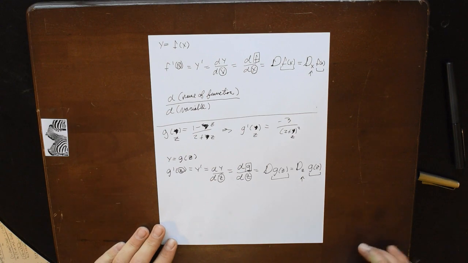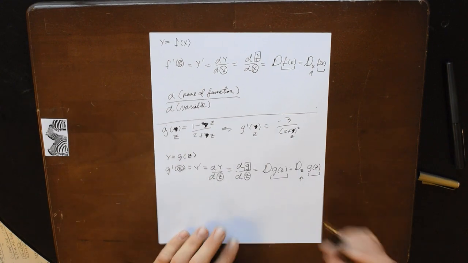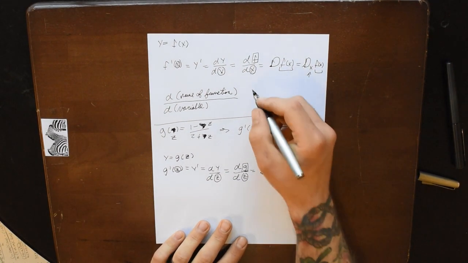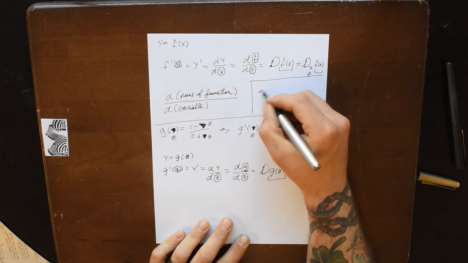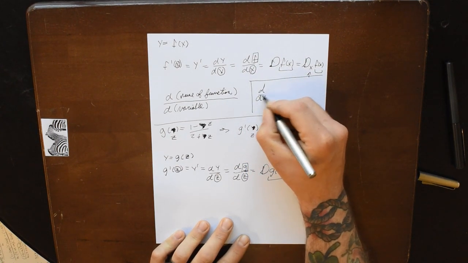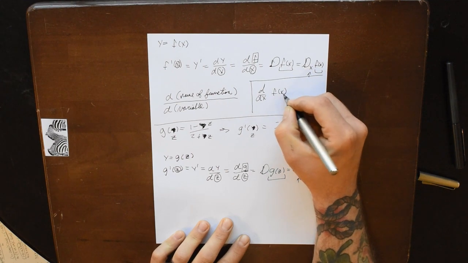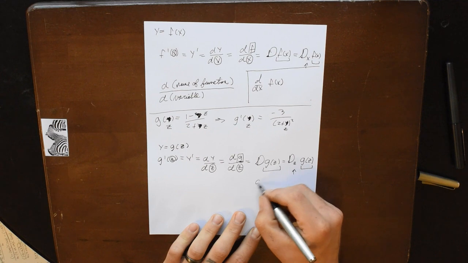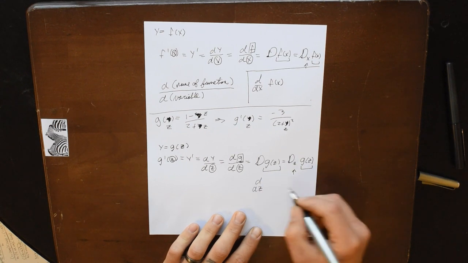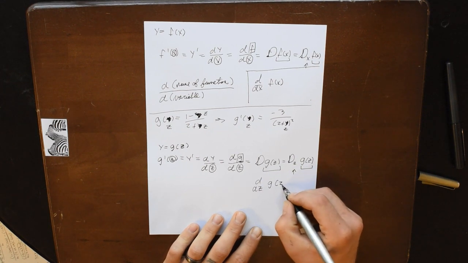There is another one I skipped over, and that is d dx of f of x. And then similarly with this analogy down here, we would have d dz of g of z.